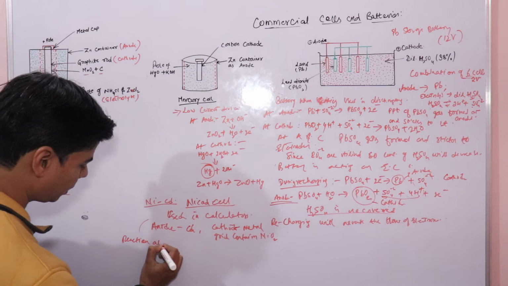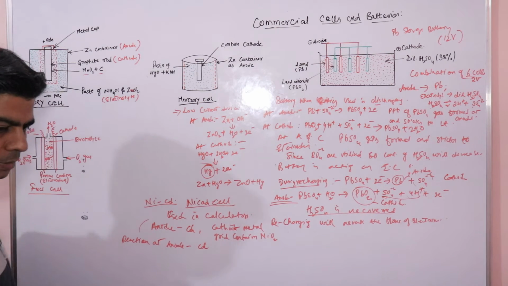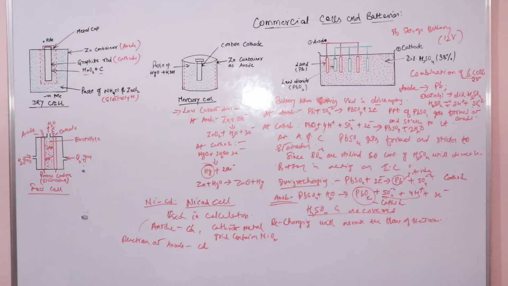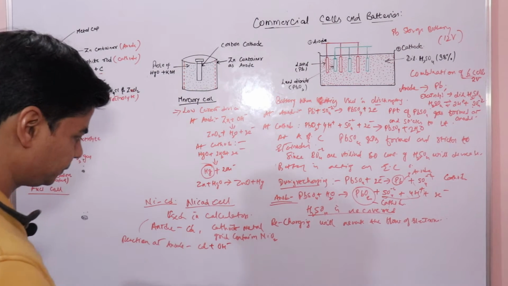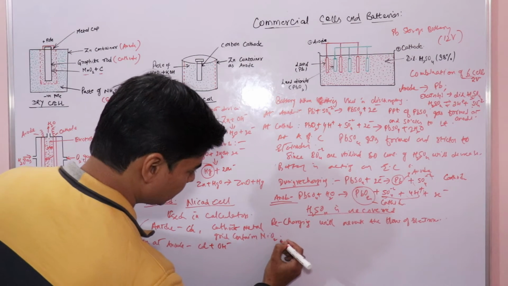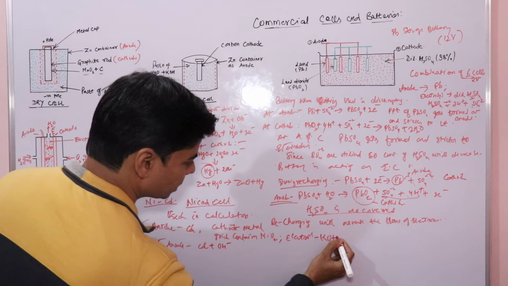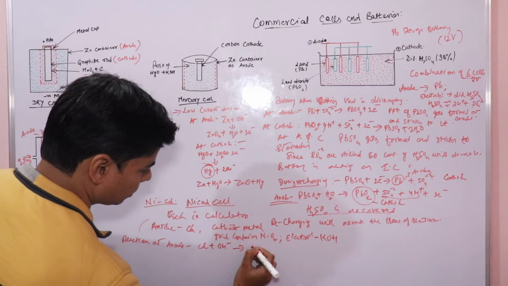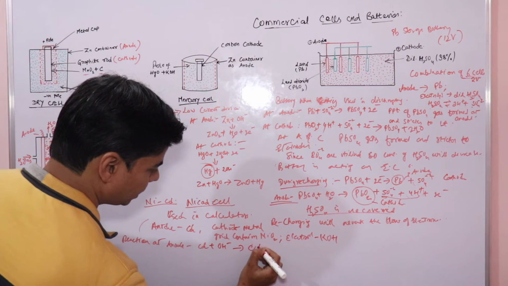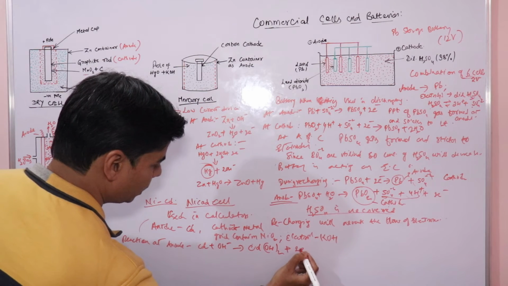The reaction at anode: we have cadmium at the anode. Cadmium will react with OH ions, the electrolyte being potassium hydroxide, and it will form cadmium hydroxide plus 2 electrons.